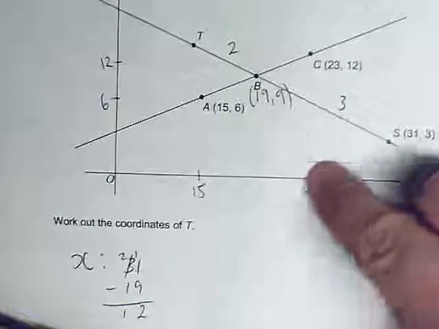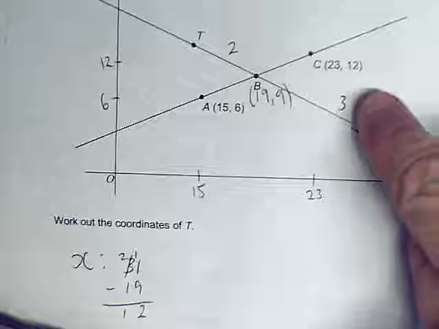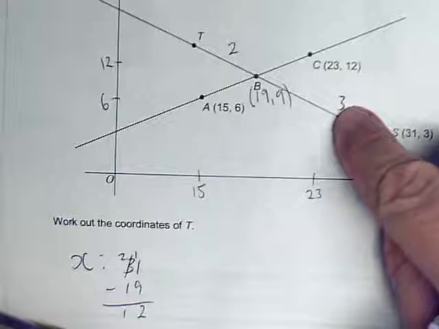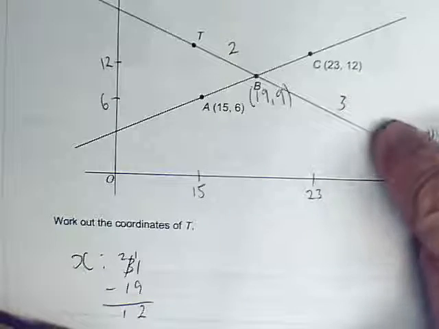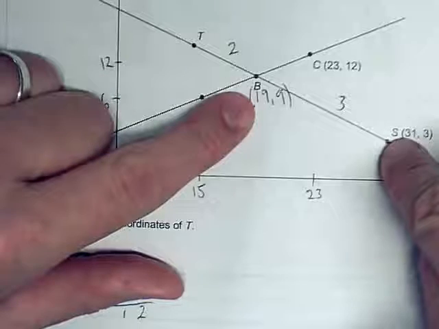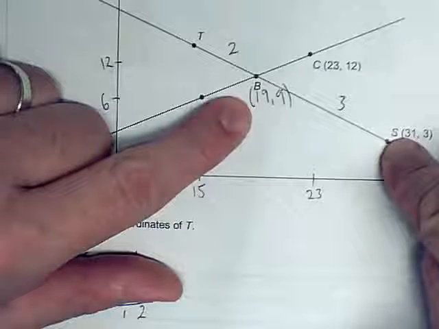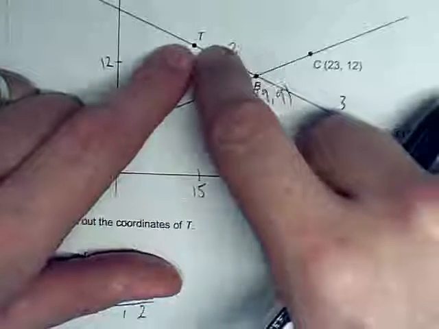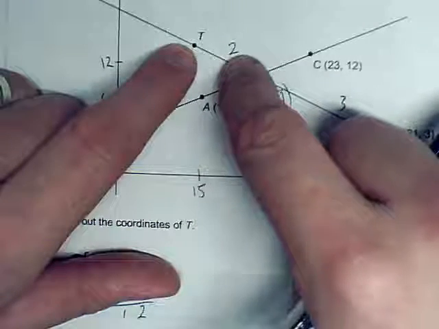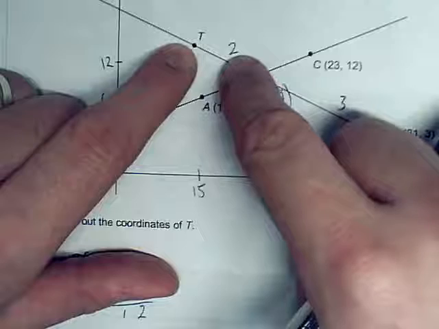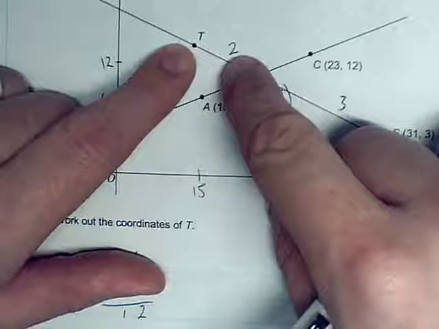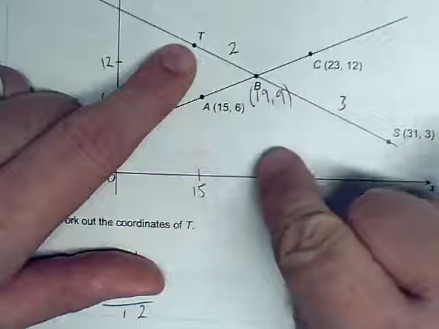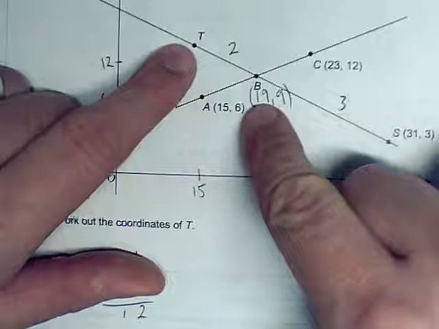We need to split this into 3 parts. So 12 divided by 3 is 4. That means in terms of the x's, one part is worth 4 units. So therefore, this bit is 2 parts. If one part is 4, 2 parts is 8. So it's going to be 8 units.